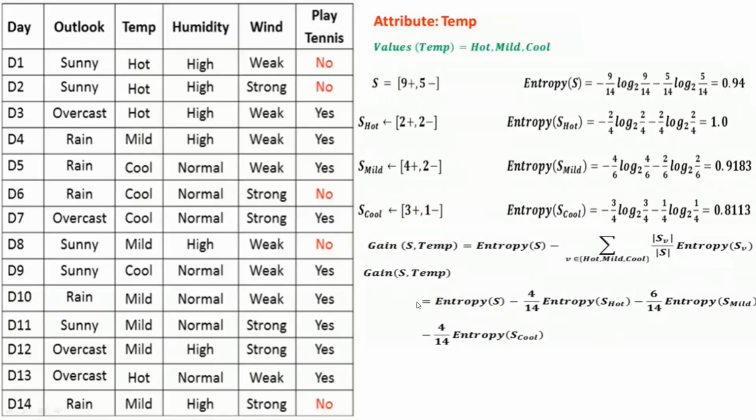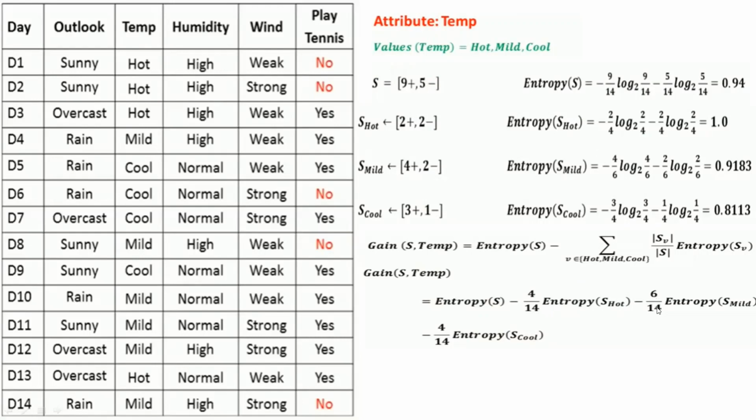Information gain is the entropy of the entire data set minus the summation over all the values in the particular attribute. Here 4 by 14 represents hot values out of 14. Hot values in temperature are 2 positive and 2 negative, totally 4 values, so it is 4 by 14, times entropy of S of hot.